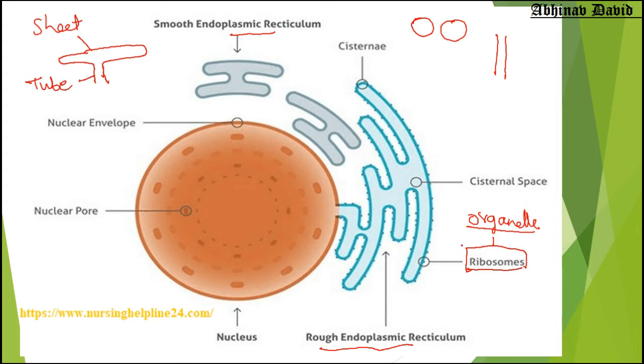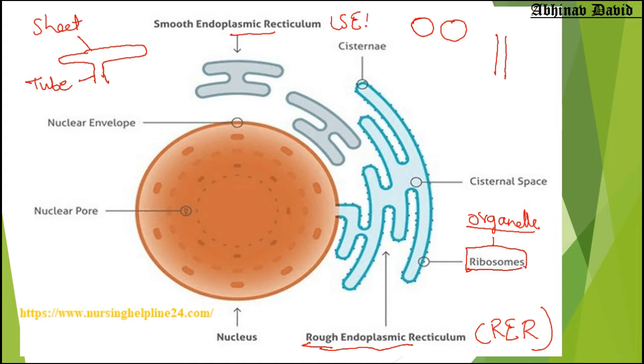Now here the ribosome is associated with the endoplasmic reticulum also, and if the ribosome is attached to the endoplasmic reticulum, we call that endoplasmic reticulum the rough endoplasmic reticulum, or in short RER. And if there is no ribosome attached to the endoplasmic reticulum, we call it the smooth endoplasmic reticulum.